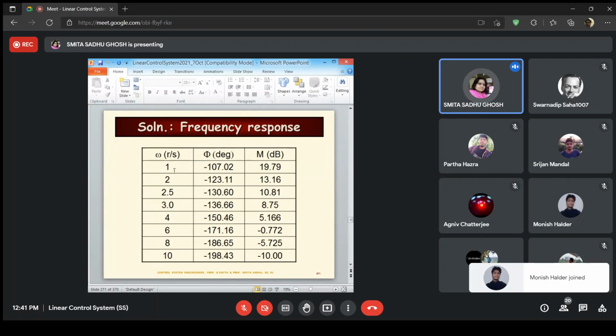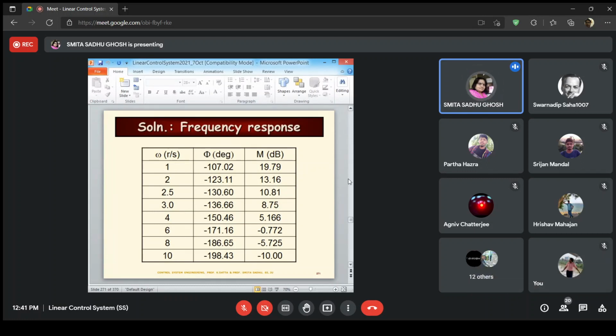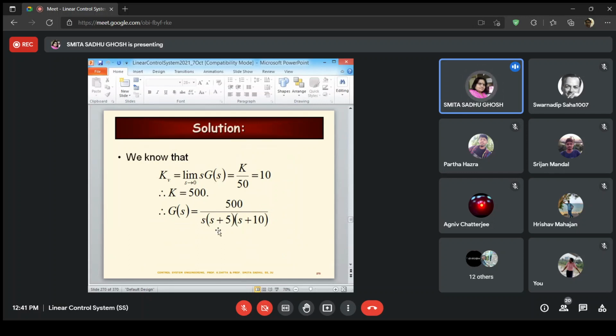Say, for example, for a frequency omega of 1 radian per second. I'll just go to the previous slide. So omega equal to 1 radian per second is the value of frequency for which we would require to calculate the gain value and the phase value. Now the expression for gain you are familiar with.